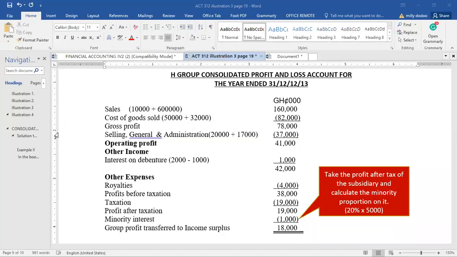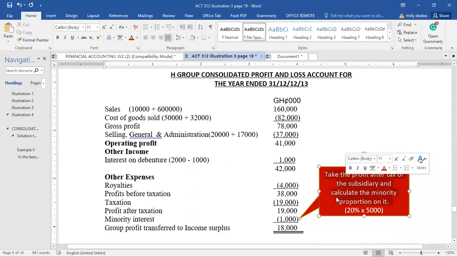Right. Good. So this is basically the solution for this particular illustration. It is very, very easy, very, very simple. It's not difficult. The clue is that when you see the question, you look at the intragroup balances. And then what you have to have at the back of your mind is this particular one, where students normally get confused. How to get this one is where most of you get confused.